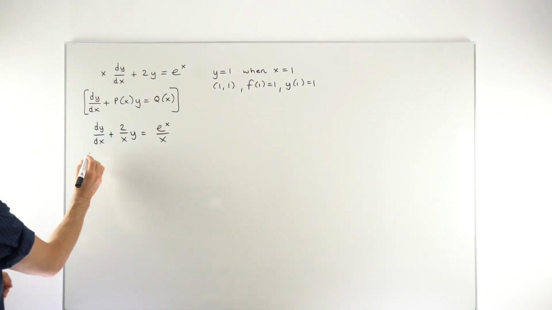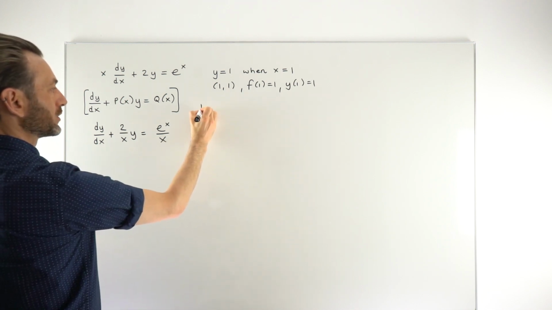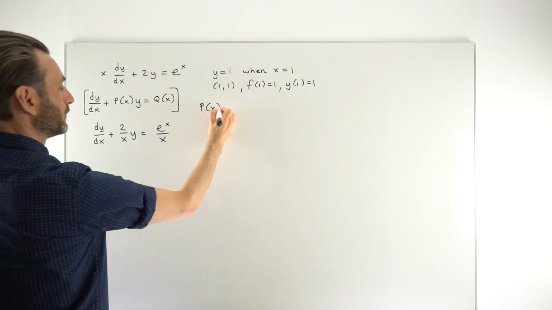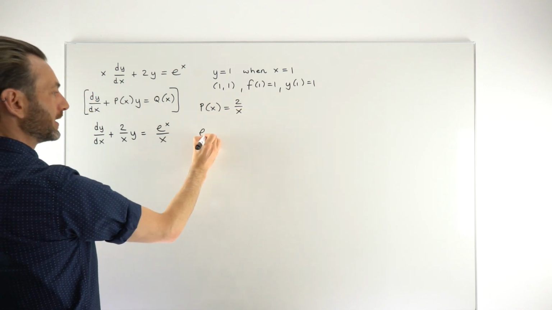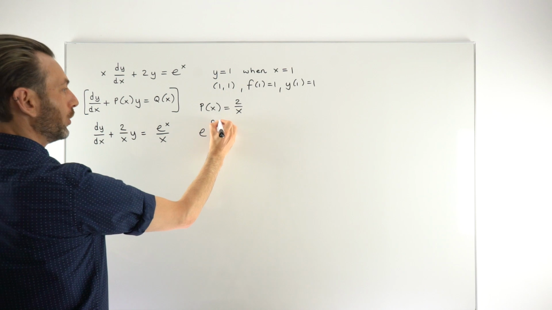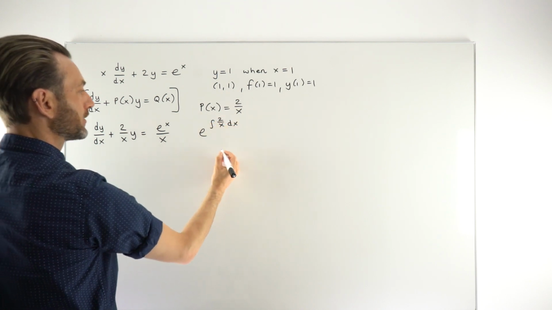So we can just go ahead now and define our integrating factor. I'm just going to work that over here. We're saying that our p(x) function is 2/x. Our integrating factor then is e to the integral of the p(x) function, 2/x, integrating that dx.